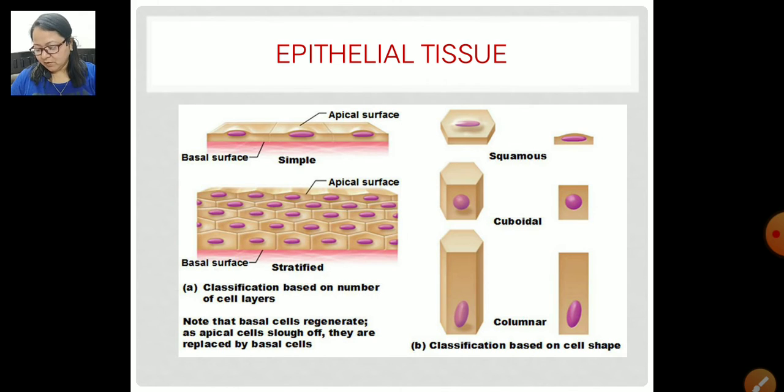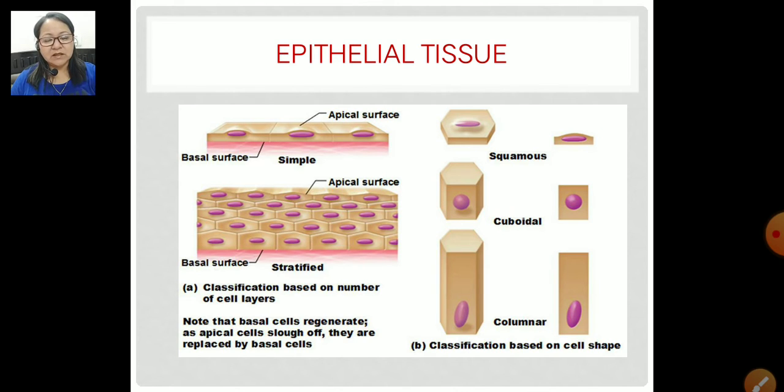In some places, columnar epithelium may be associated with hair-like projections called cilia, and in that case it is known as ciliated columnar epithelium. These cilia have the ability of movement, and their movement pushes substances like mucus forward.